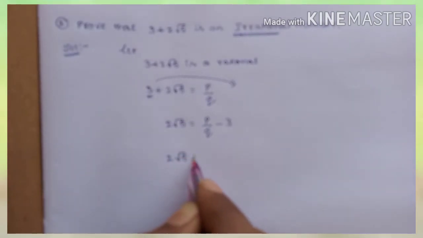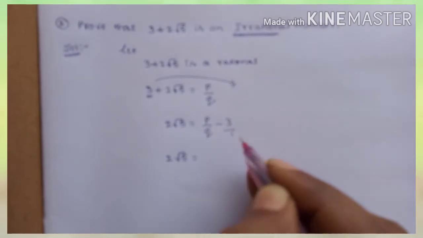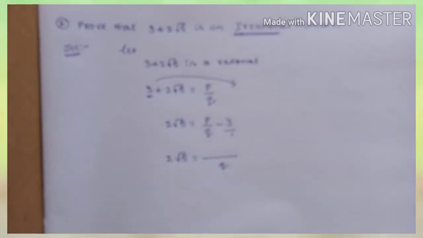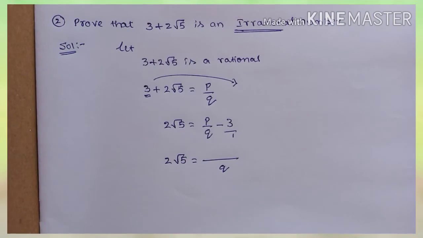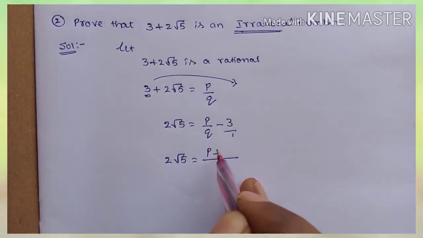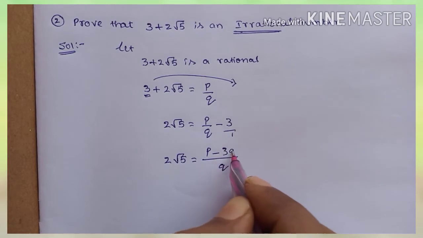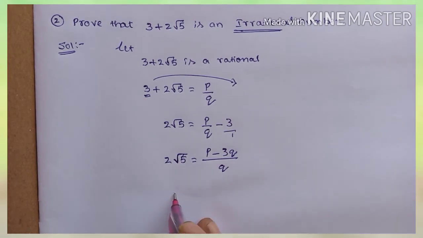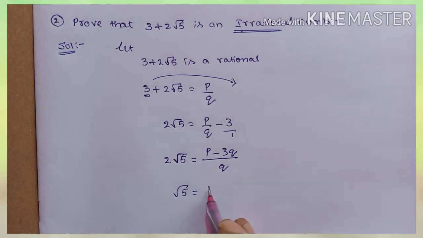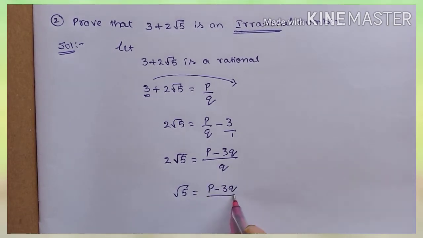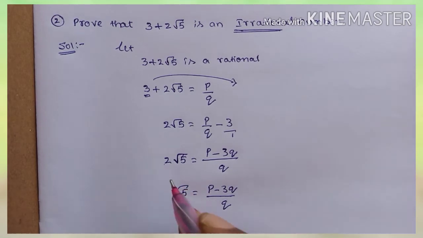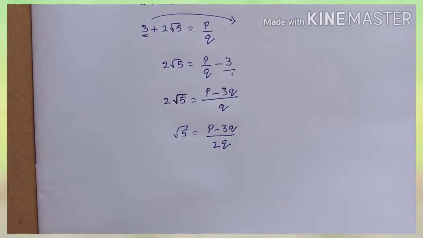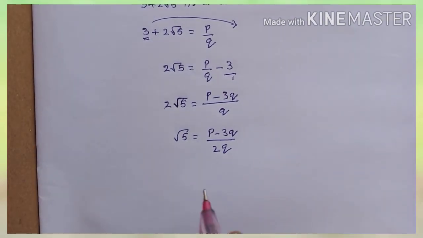So 2 root 5 is equal to, we have to simplify, the denominator is 1, the LCM is q. Now 1 into p is p and 3 into q is 3q. Here root 5 is an irrational number, the coefficient is 2. So root 5 is equal to p minus 3q by q, transposing the 2, root 5 is equal to p minus 3q by 2q.